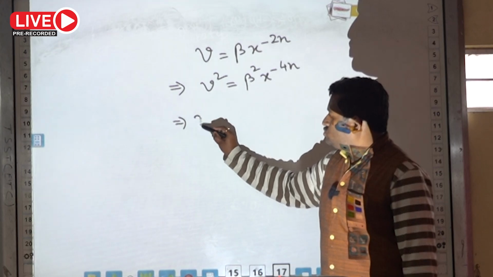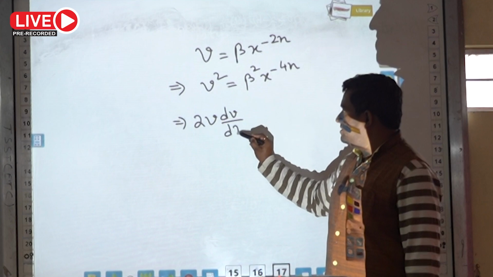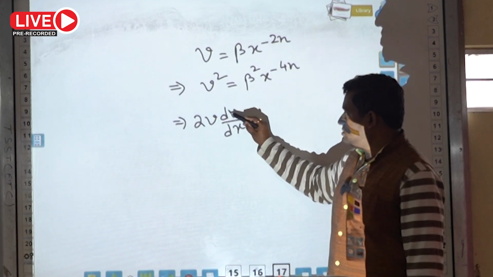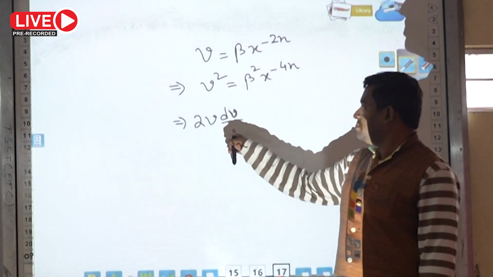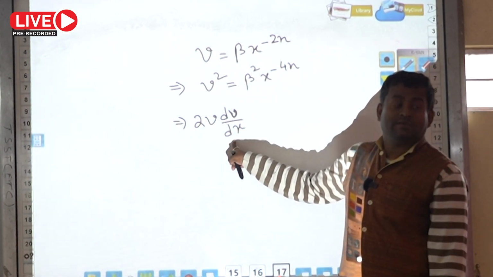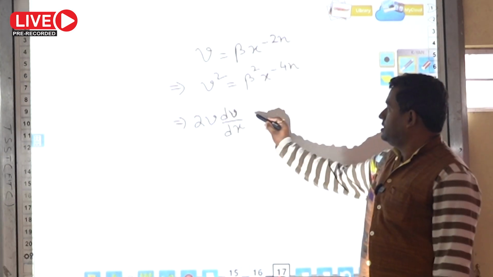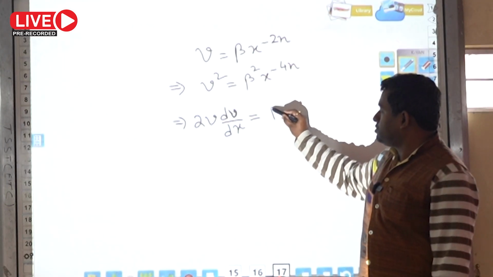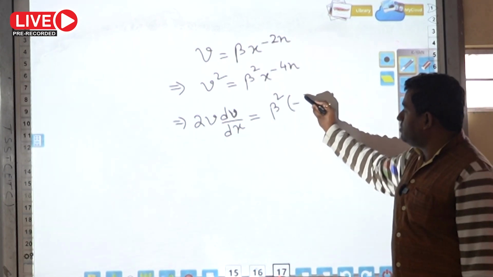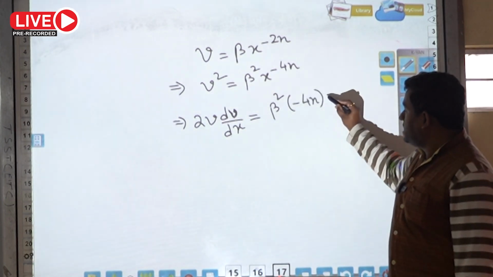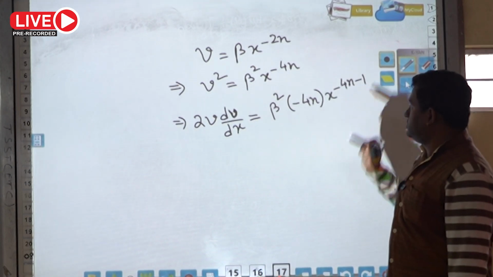This term will be 2v dv dx. This is from the chain rule, because differentiate with respect to v will give you 2v, then we are differentiating not with respect to v, we are differentiating with respect to x. So another dv dx will come. On this side, beta square remain constant. This derivative minus 4n will come, x to the power minus 4n minus 1.